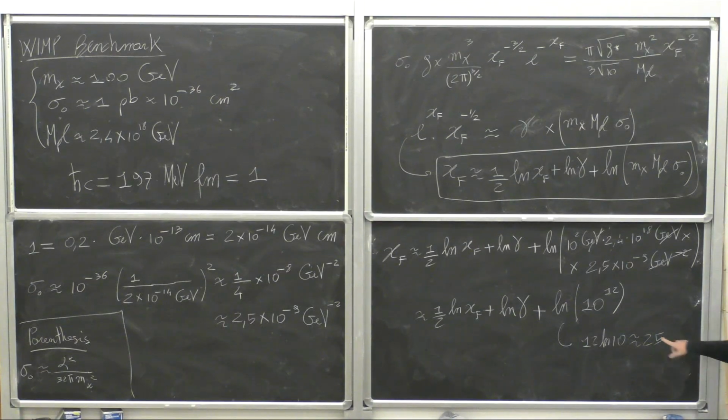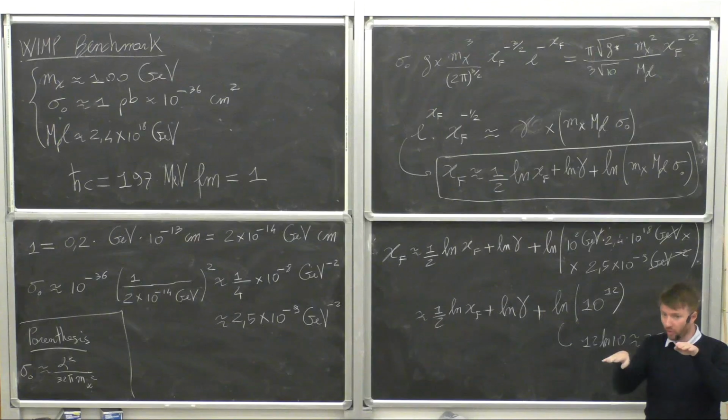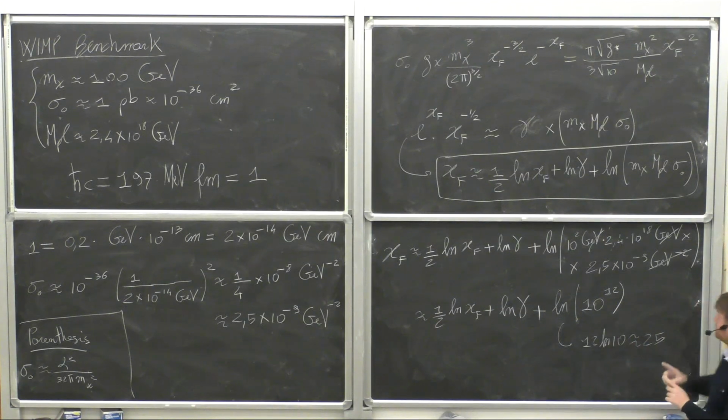So this first estimate works very well. And so we found that for weak scale mass and weak scale cross-section, the dark matter particle freezes out when the temperature is equal to the mass over 25, so less than the mass, and this is self-consistent with the assumption of having cold relics.